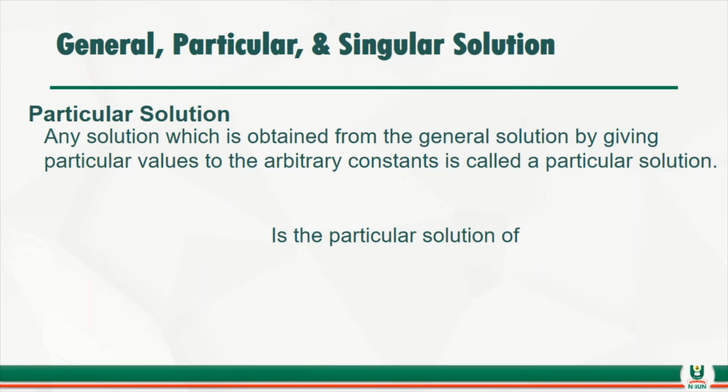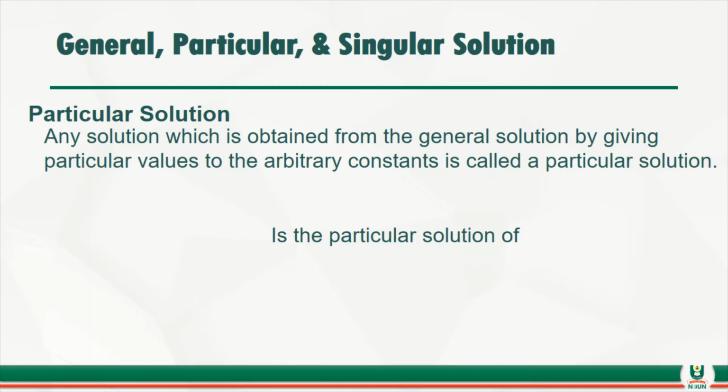The next thing we are going to talk about is called the particular solution. Any solution obtained from the general solution by giving particular values to the arbitrary constant is called a particular solution. What we are saying is that we specify the point that the function will pass through.